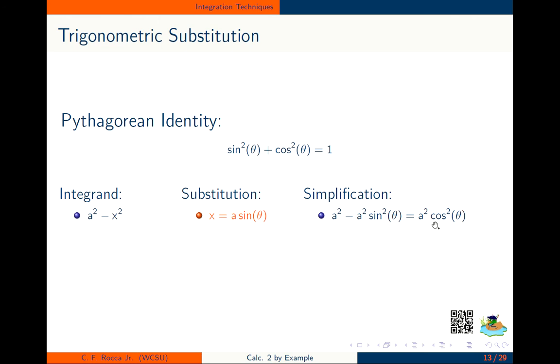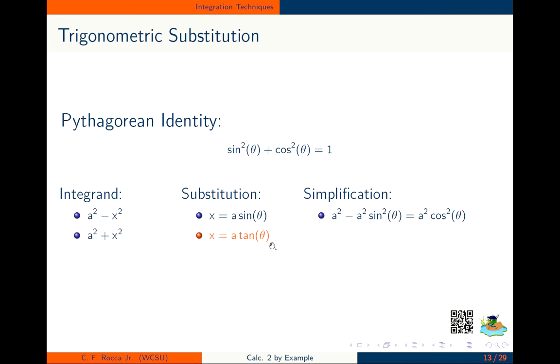And this is really one of the reasons why we want to use trigonometric substitution. It changes something that is a sum or a difference into something that is a perfect square. And that frequently will allow us to simplify our integrand with some cancellation. If our integrand looks like a squared plus x squared, then our substitution will be x equals a tangent theta.